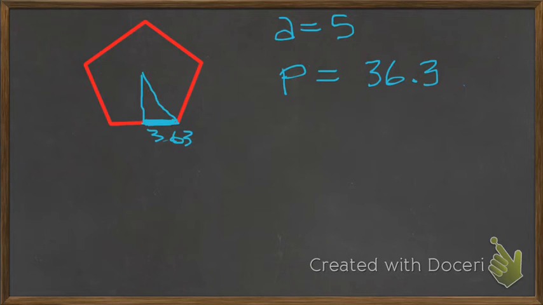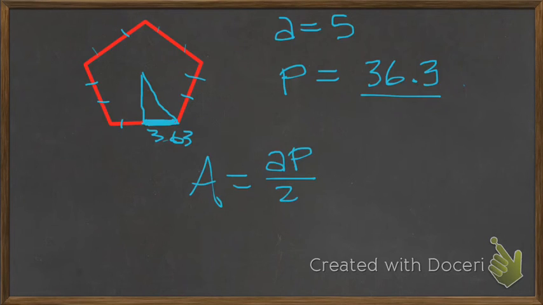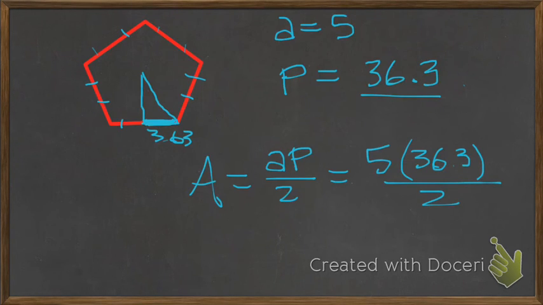And there are 1, 2, 3, 4, 5, 6, 7, 8, 9, 10 of those in this figure. So 3.63 times 10 is 36.3. Now we're ready to find the area. The area is the apothem times the perimeter divided by 2. So that is 5 times 36.3 divided by 2, and you and your calculator can figure out what that is.